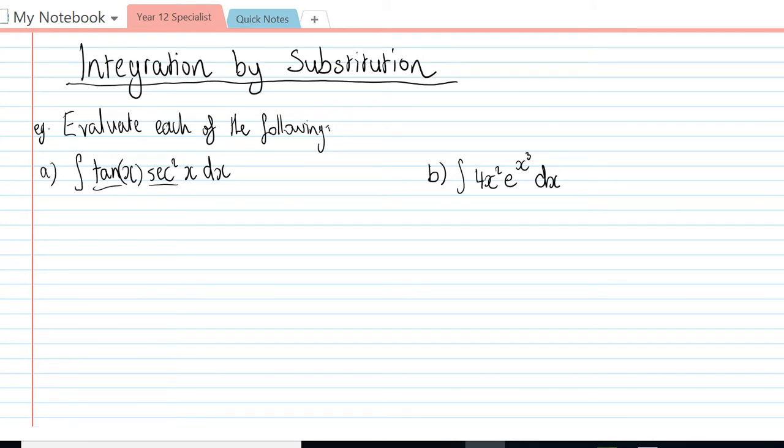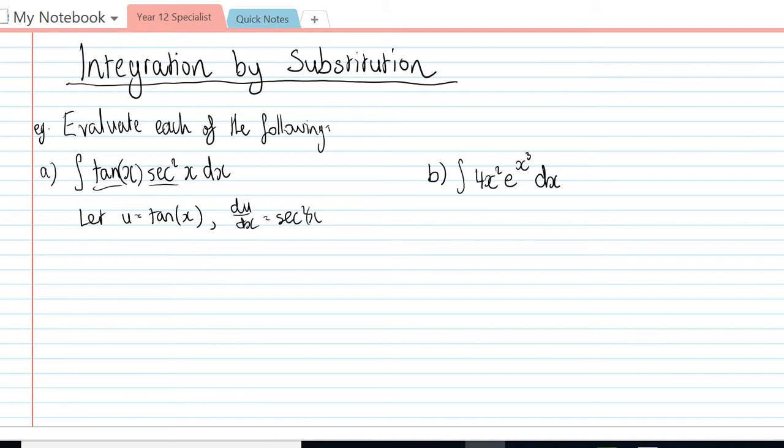We make u equal the original function. So in this case, let u equal tan x, and that means that du dx must be sec squared x.